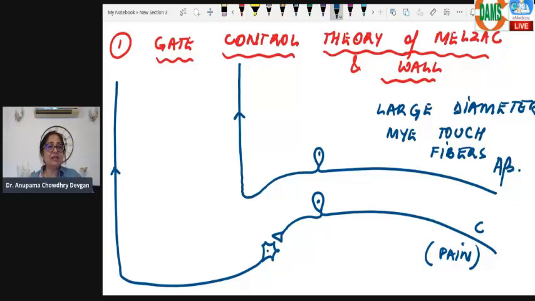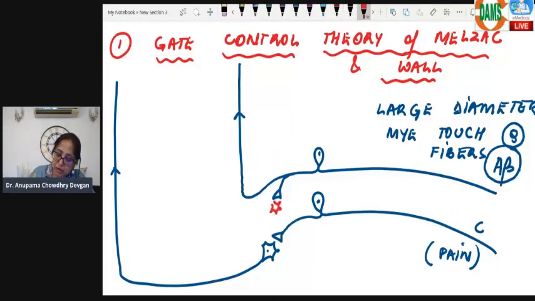Now this question has been asked so many times: in the gate control theory, which touch fiber is going to be excited? The touch fiber which is excited is A beta. It is a large diameter, myelinated, fast conducting fiber. This A beta fiber gives a collateral, and it synapses with a small inhibitory neuron.